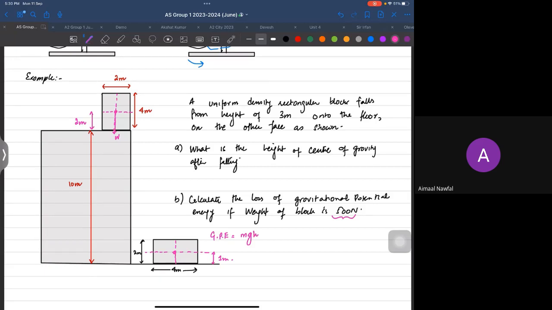14 is the height? No, that's incorrect. Shazib, wake up, please. Abdullah, 7?